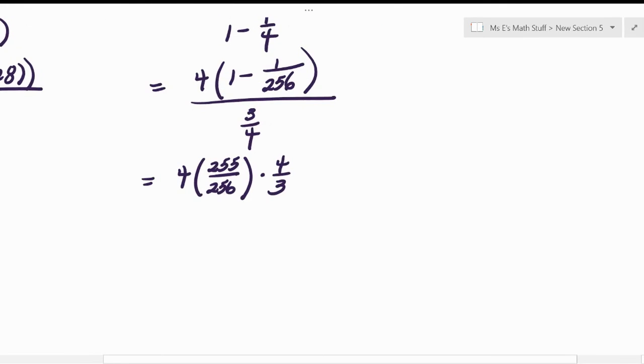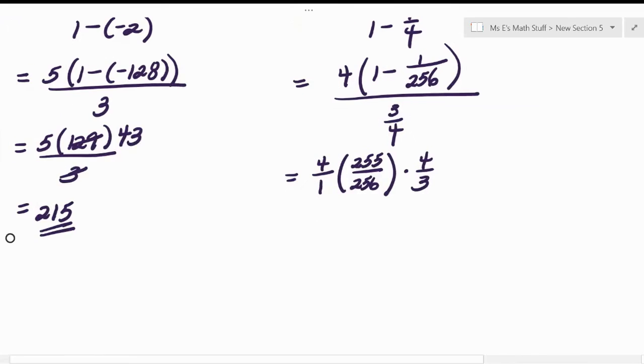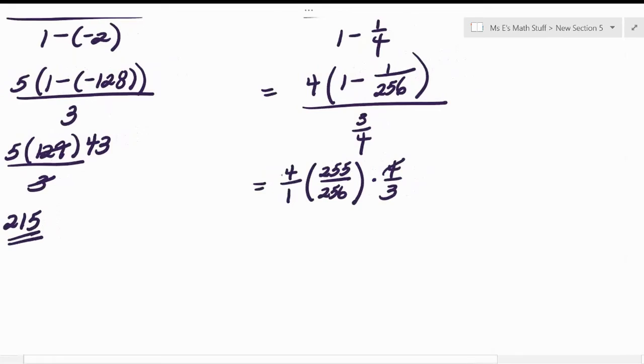I'm going to rewrite the first 4 as 4 over 1, and then cancel some stuff. Remember 256 was just 16 times 16, so I'm going to cancel 4 times 4, which is 16, with the 256 and get 16. Then 255 is divisible by 3. I know that because if I add the digits 2, 5, and 5, I get 12, which is divisible by 3.